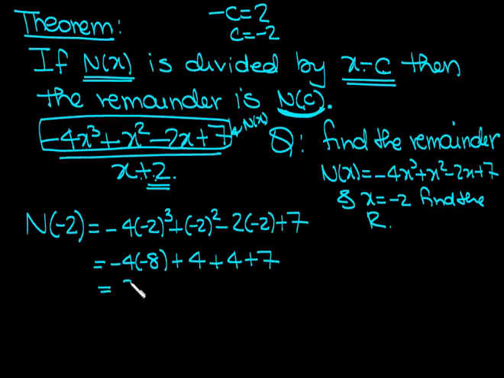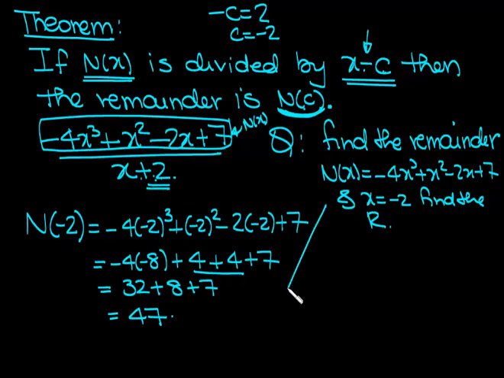So negative times negative is 32 plus 8 plus 7. I added up these two 4's. So we get 47. So there's my remainder. Okay. So you can see we can find the remainder using this nice theorem, which tells us that anytime you divide a polynomial n of x by a linear polynomial, the remainder is given by n of c, where you replace x with c. The key thing is, remember, there's a negative here, so you have to compensate for that.